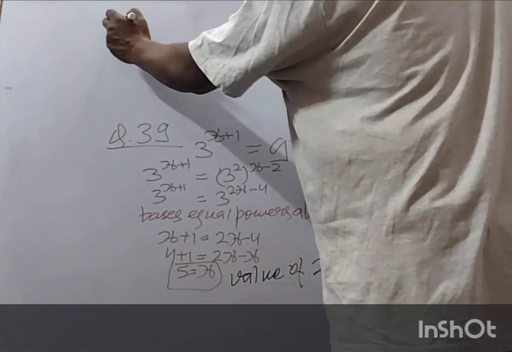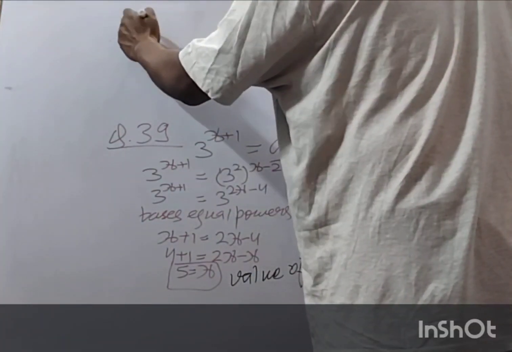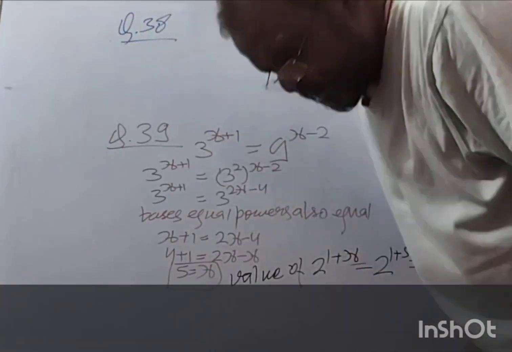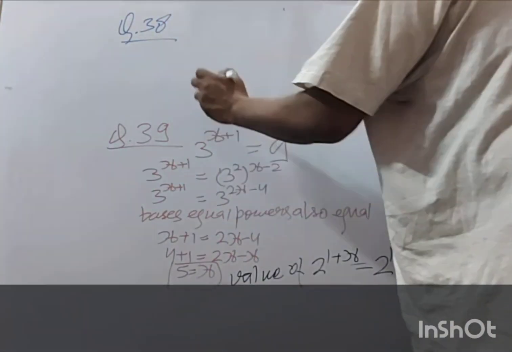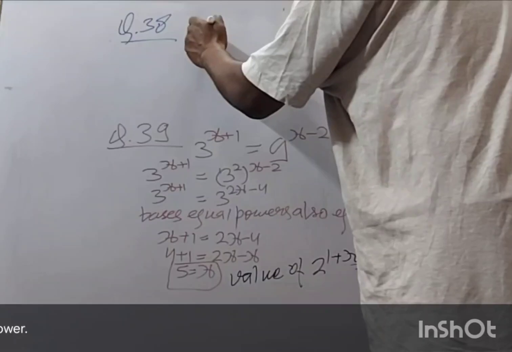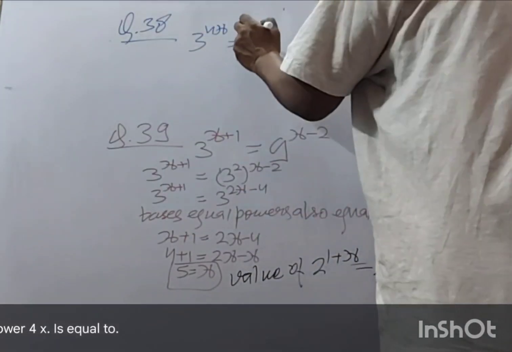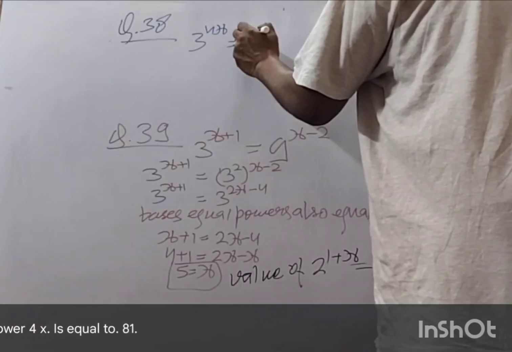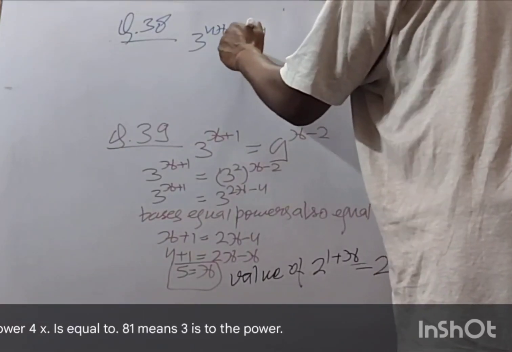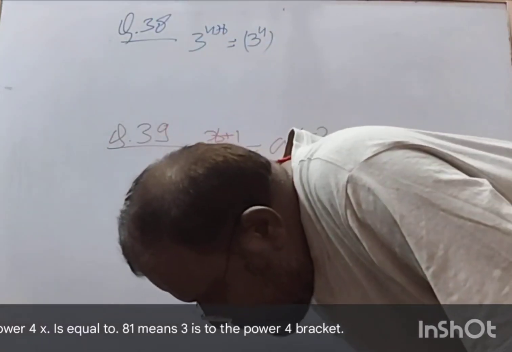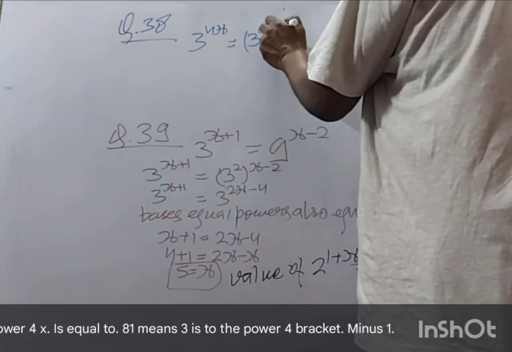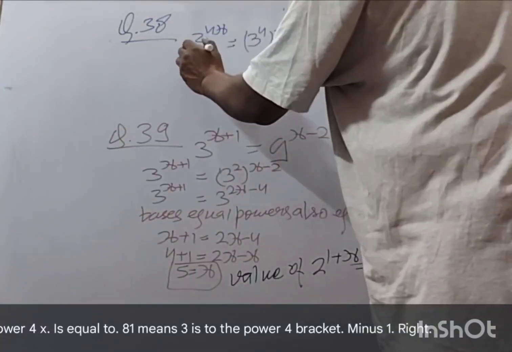Question number 38. That is 3 raised to the power 4x is equal to 81, means 3 raised to the power 4 bracket minus 1. Right?